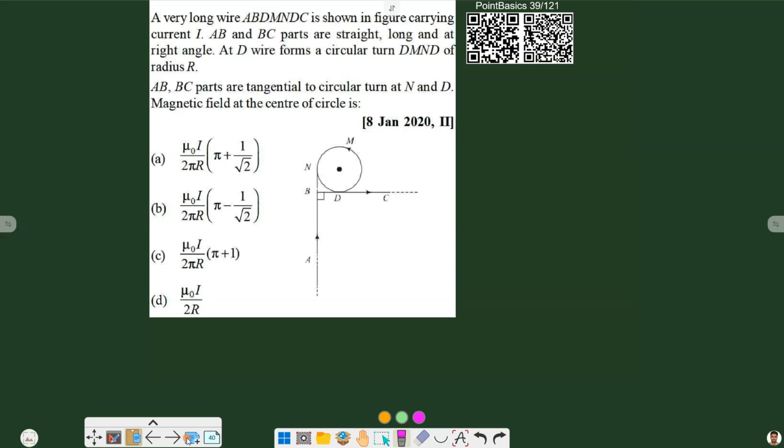Now going back to the original one, a very long wire ABDMNDC. So AB is a straight part, BD is also a straight part, then this is a circular part of this wire, and then we have an infinite straight path again.